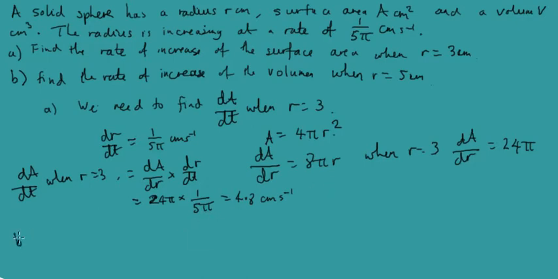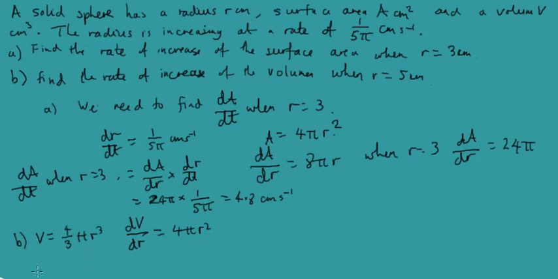Now B, we're now dealing with the volume. So the equation for the volume of a sphere is 4/3 pi r cubed. And we want to find the rate of change of the volume with respect to r, so the derivative of V is going to be 4 pi r squared.